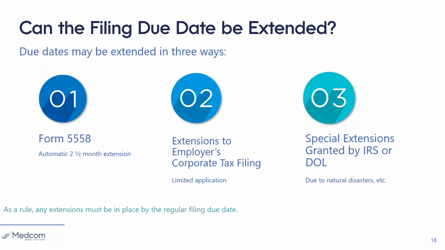I remember a few years ago there was a hurricane in the southeast United States, and so there were certain extensions applied to states in that area. If there were any applicable special extensions, we'd be aware of those, and we would be able to provide such guidance to you if it pertained to your particular client. But generally, the Form 5558 extensions are the most common extension available.